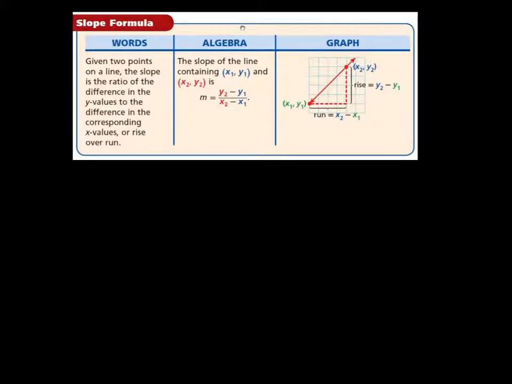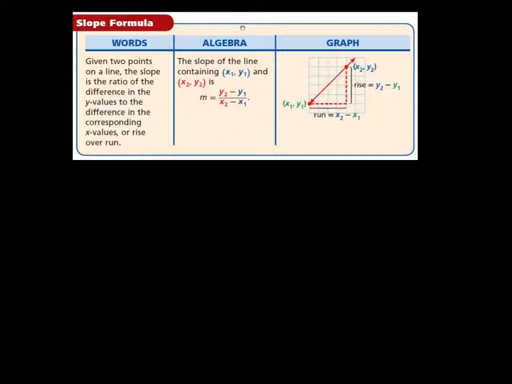Now we have to figure out how you can actually calculate slope. To calculate the slope, we can use this formula here, which you've probably seen in Algebra 1. To find the slope when you're given 2 points on a line, the slope is the ratio of the difference in the y values to the difference in the corresponding x values, or as you more commonly know it, rise over run.